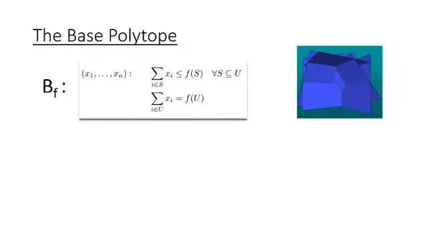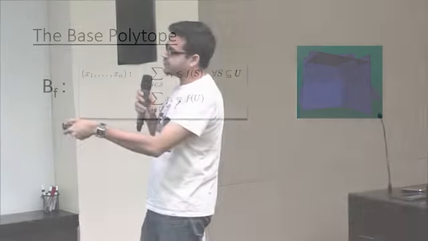Okay, so let's get into the brass tacks. One object which is key for why these algorithms run in polynomial time is this geometric thing called the base polytope. So what is it? It lies in n dimensions. So there is x1 to xn such that it satisfies lots of linear inequalities.